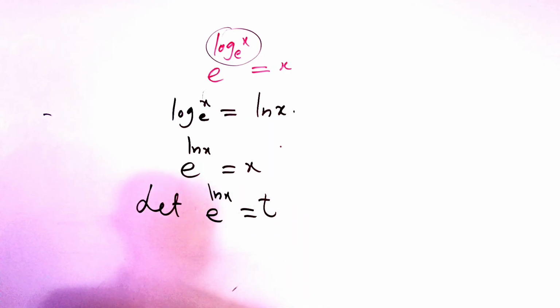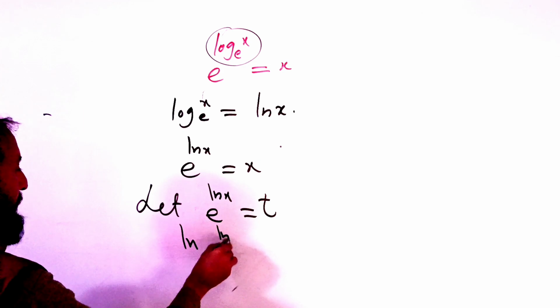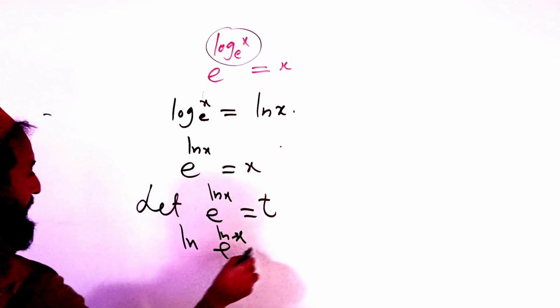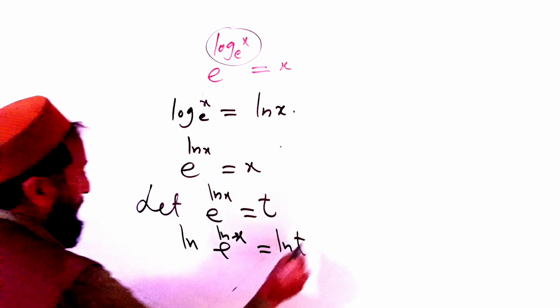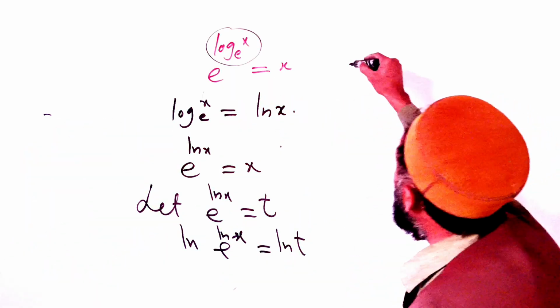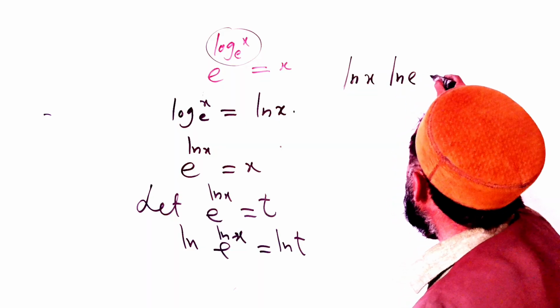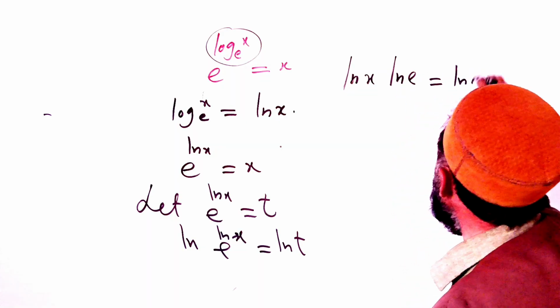Now taking the natural logarithm on both sides, log of e^(log x) is equal to log of t. Now again, according to the logarithm rule, log x times log e is equal to log of t.